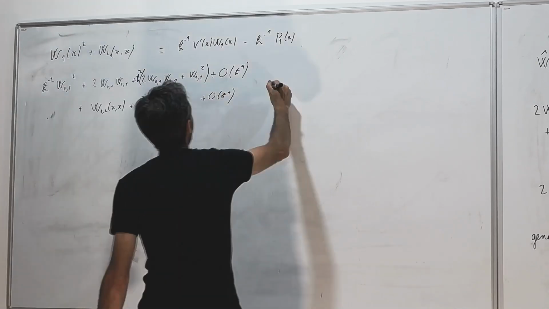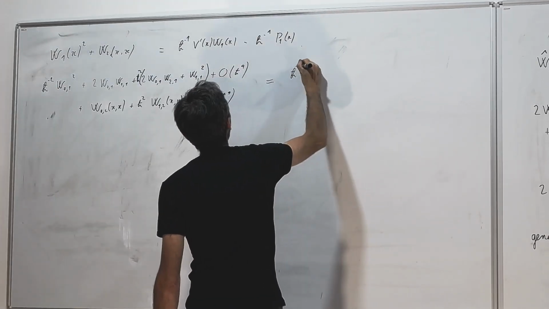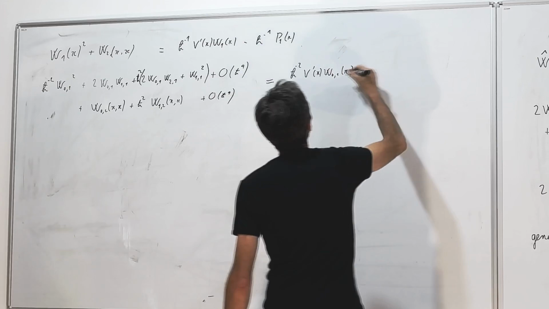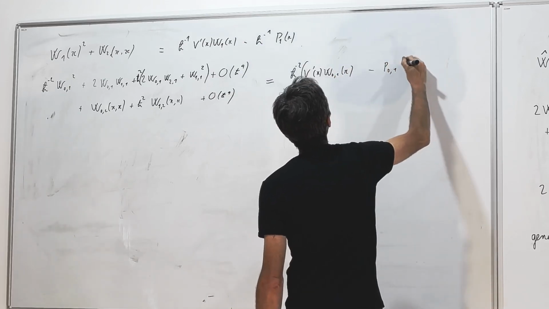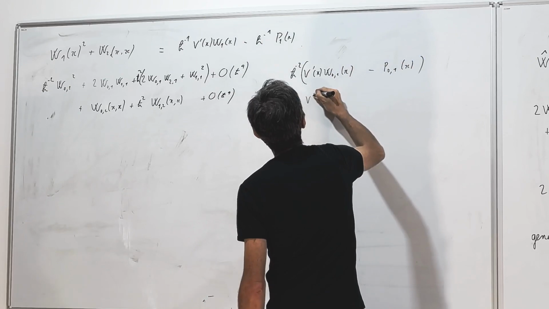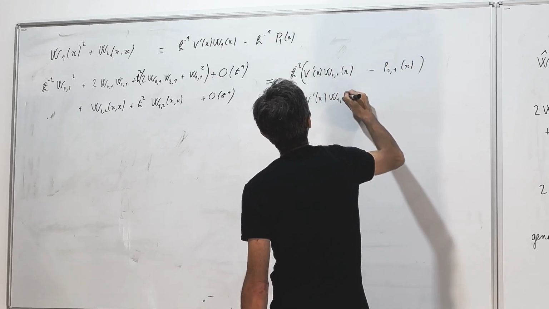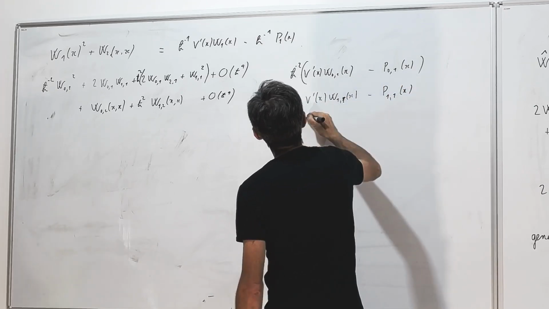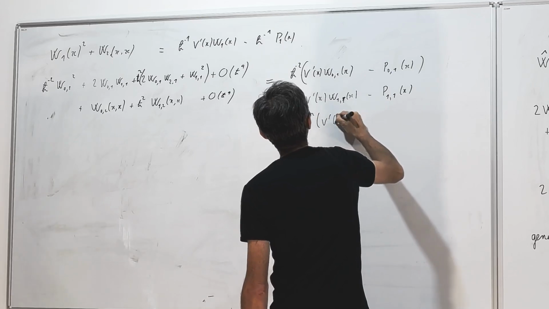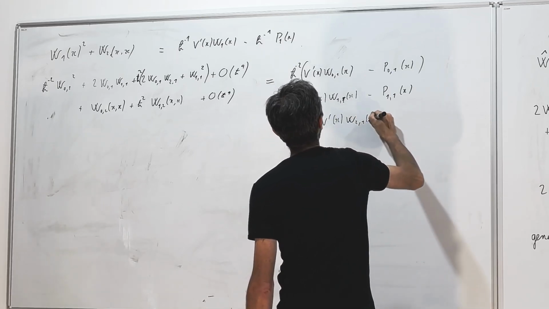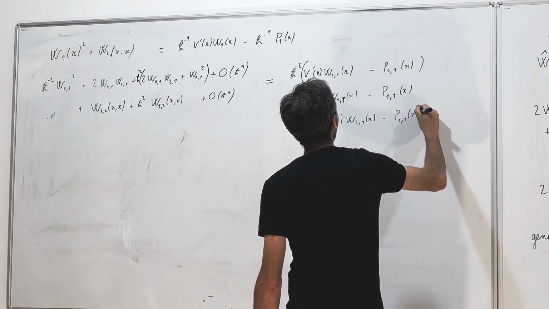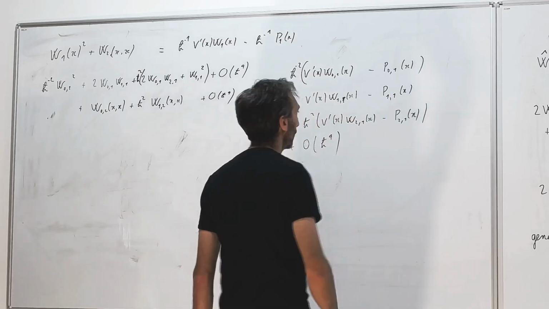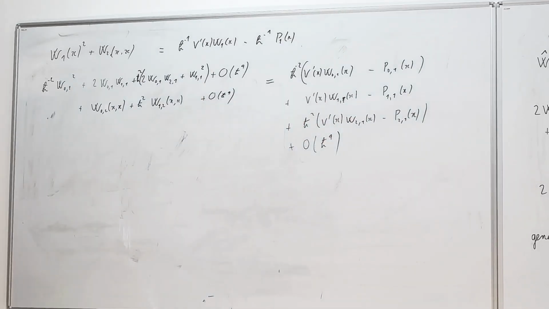And on the right-hand side, we shall have h bar to the minus 2 times V'(x) W01(x) minus P01(x), plus V'(x) W11(x) minus P11(x), plus h bar squared times V'(x) W21(x) minus P21(x), and so on. Okay. I'll let you continue.